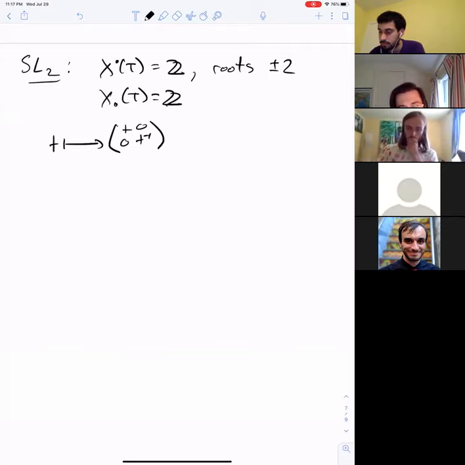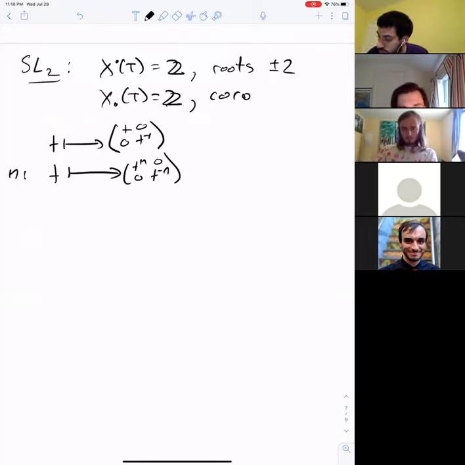And I guess I could even write the nth one as that. It turns out that the co-roots are plus or minus 1. So we actually have a somewhat anomalous case where the co-root lattice and the co-weight lattice correspond.